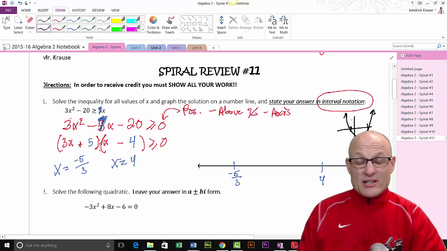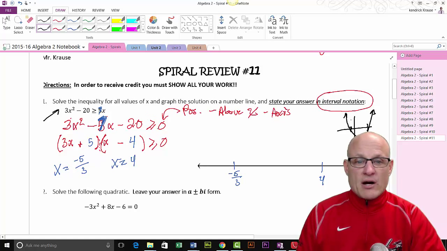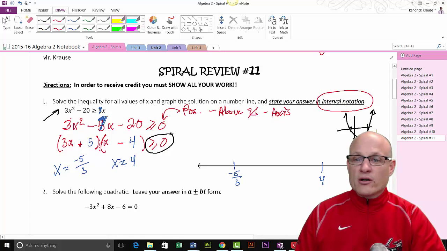It would actually be a lot steeper and narrower because of this 3 out front, but because it's positive, it's going up. Now, I want where it is greater than 0, and that's where it is above the x-axis.